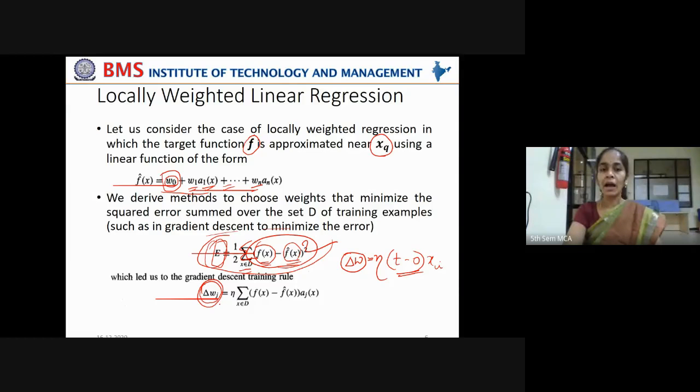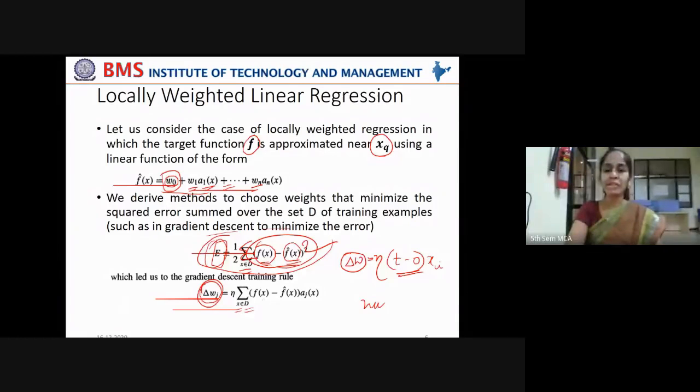How is that weight change calculated? It is nu, that is the learning rate. Read it as nu sigma x belongs to D, that is, for every training instance that belongs to the set of training examples.